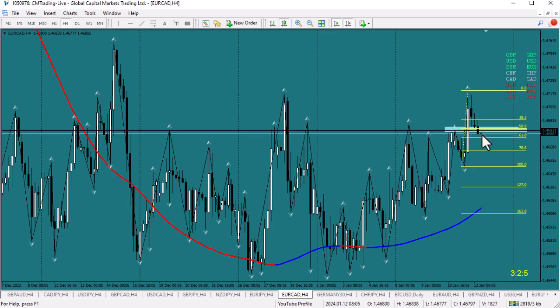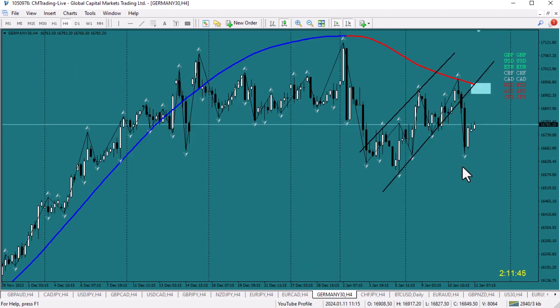If this is a small body, then I'll wait for a morning star potentially later this afternoon. But I keep this on my list because the euro is stronger than the CAD and it's gaining a lot across the board, the euro. So I'm not going to remove it just because of one close below my trade zone, but I'll keep an eye on this.